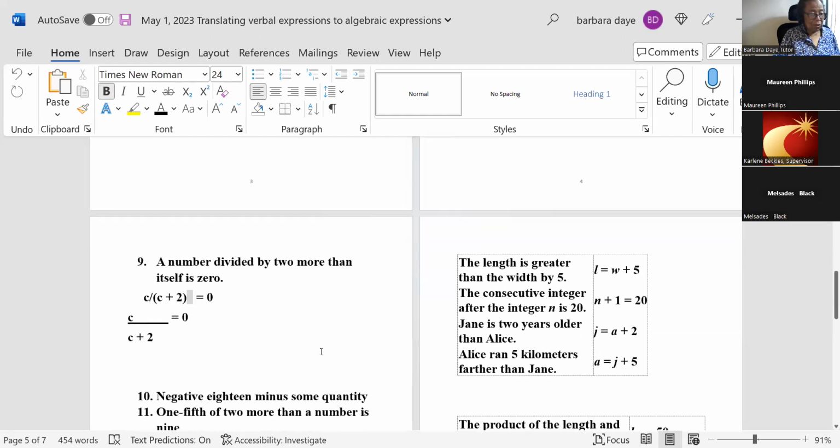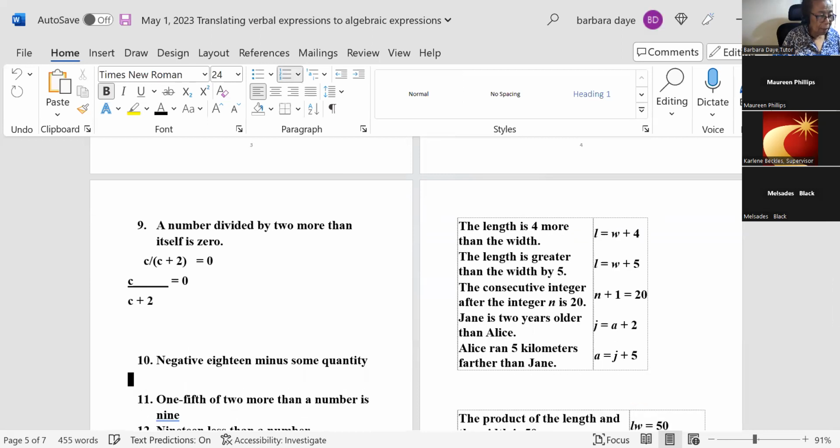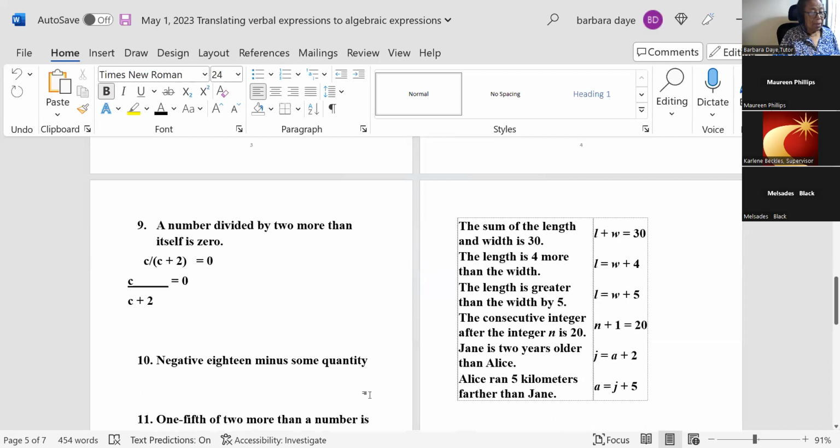Mercedes, you okay? You ready for number 10, right? Miss Wise, zero is the answer? Why do you get zero as the answer? No, it says is zero, so it's equal to zero.